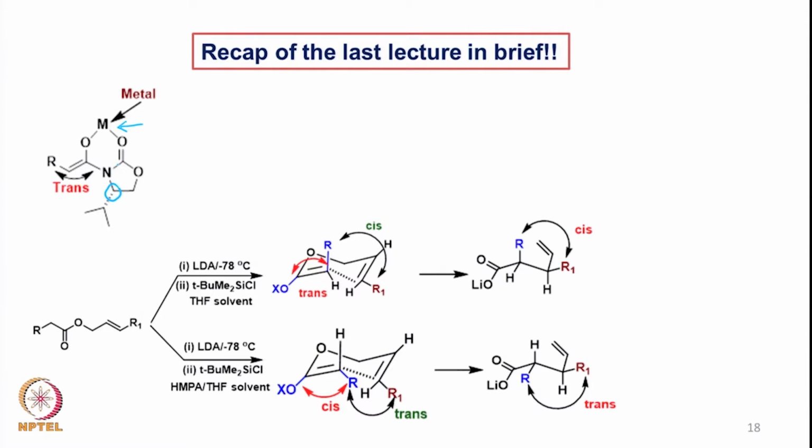When the aldehyde comes in contact with this bicyclic chelated enolate species, the oxygen boron bond breaks and the oxygen of the aldehyde comes in contact with the boron, and therefore we see the Zimmermann-Traxler transition state, and then the aldol product is formed.